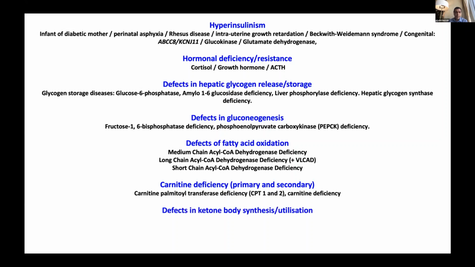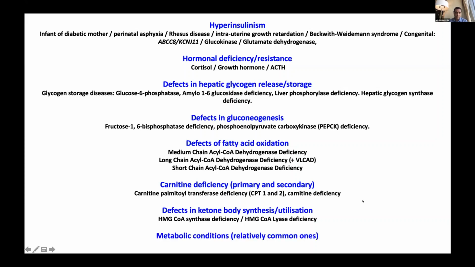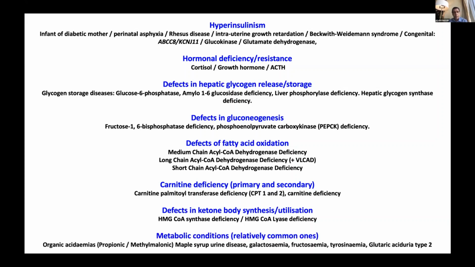Defects in carnitine, an important metabolite that brings fatty acids into the tissues for metabolism. Defects in the ability to make or utilize ketone bodies are a cause of hypoglycemia. And there are a large number of metabolic conditions that present with hypoglycemia. So these are the common causes of hypoglycemia that you have probably come across already in babies.